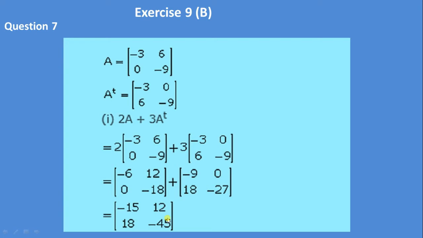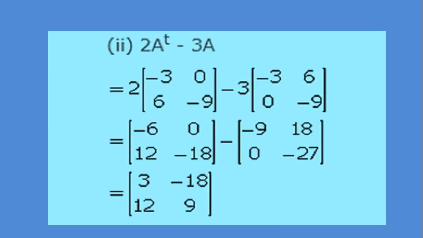Let us move on to sub question 2. In sub question 2, it is asked to calculate 2 into transpose of matrix A minus 3 into matrix A. The method is the same. Do the same. First write down the corresponding elements. 2 into the transpose of matrix A minus 3 into matrix A. Let us do the multiplication first. 2 into minus 3 is minus 6, 2 zeros are 0, 2 sixes are 12, 2 into minus 9 is minus 18.